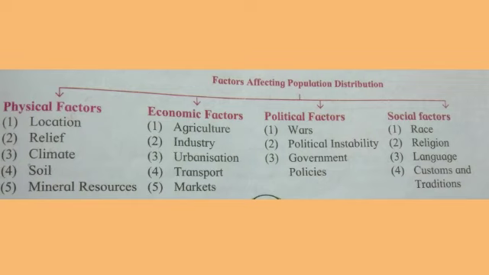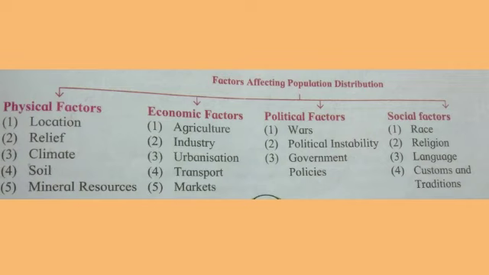In physical factors, location, relief, climate, soil, mineral resources are responsible for the distribution of population. In economical factors, agricultural land, industry, urbanization, facilities of transportation, markets are responsible for population distribution.